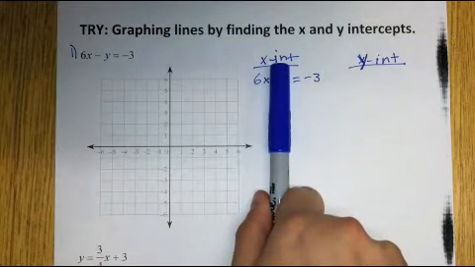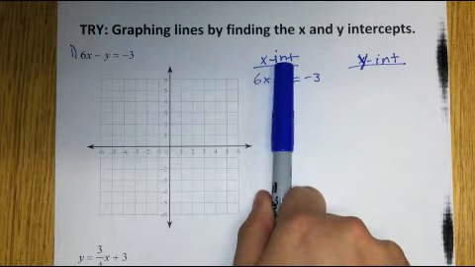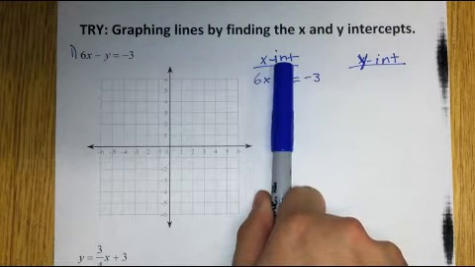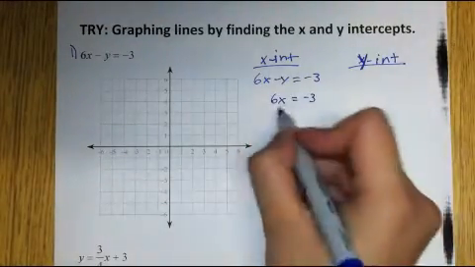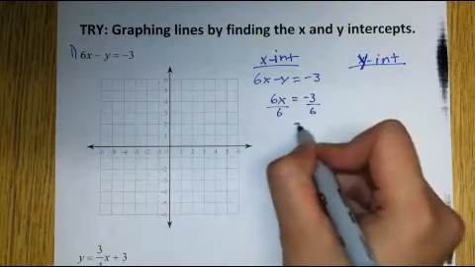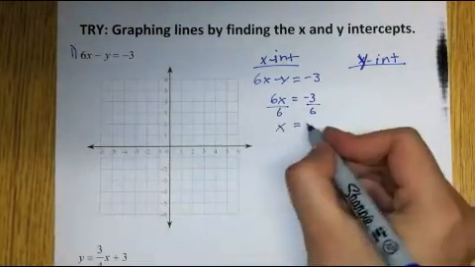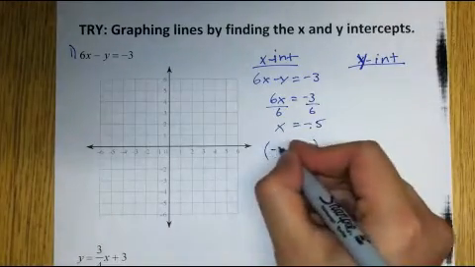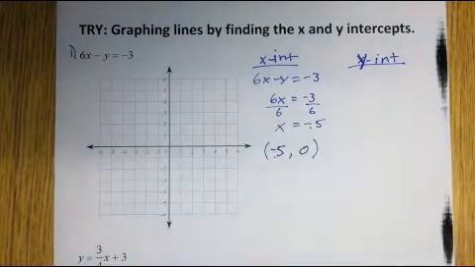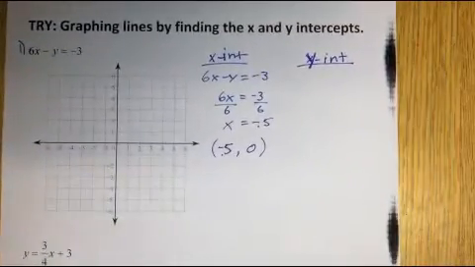I cover up y. I see that it's 6x minus equals negative 3. How do I get x by itself? I divide by 6. Okay, I get negative 0.5. I like to leave it as a decimal because I can graph it better. Okay, done. I have my ordered pair.